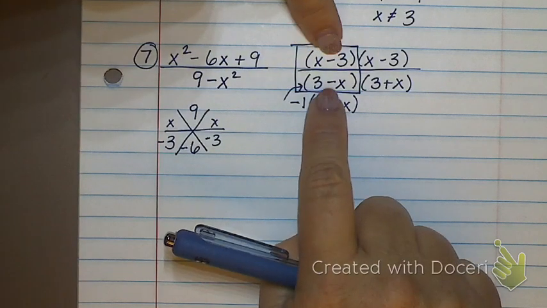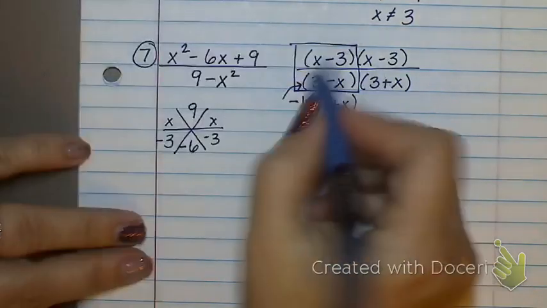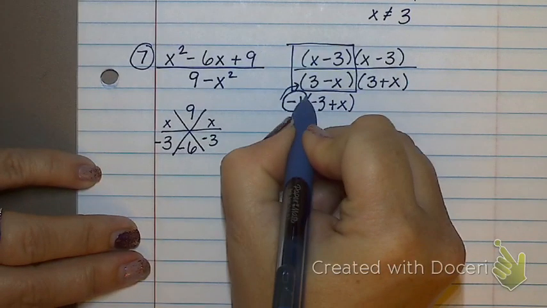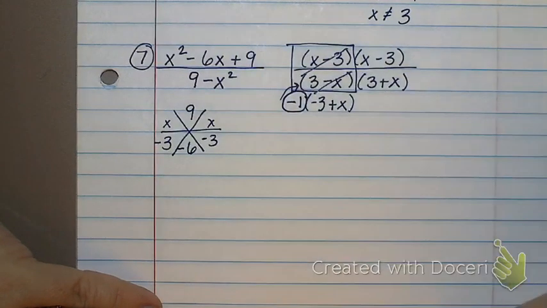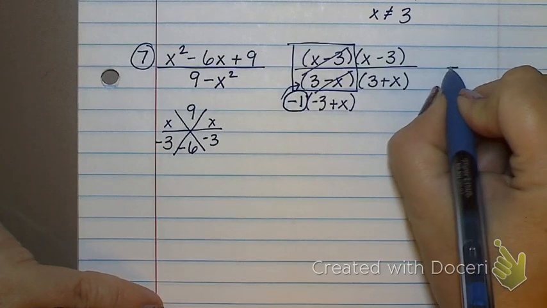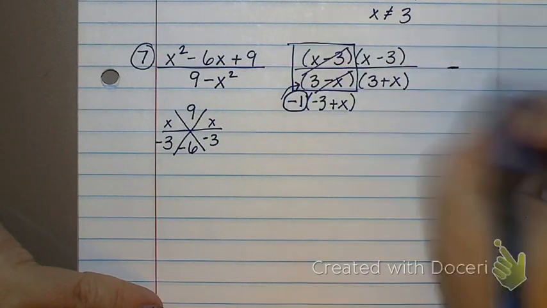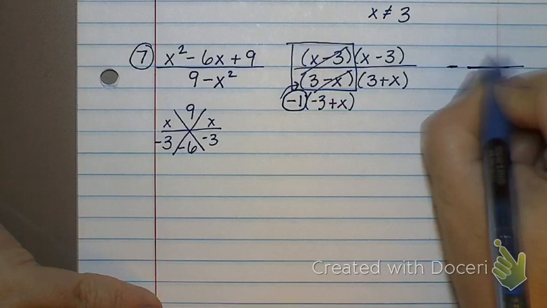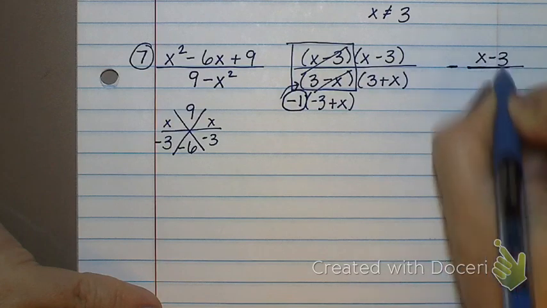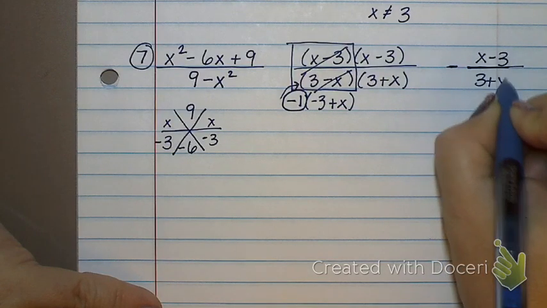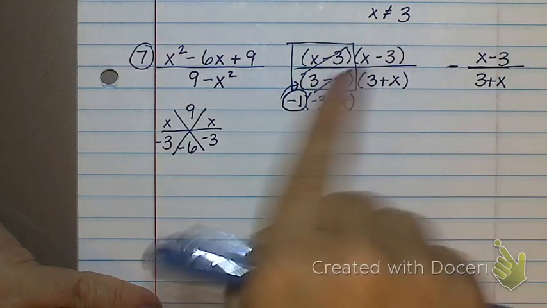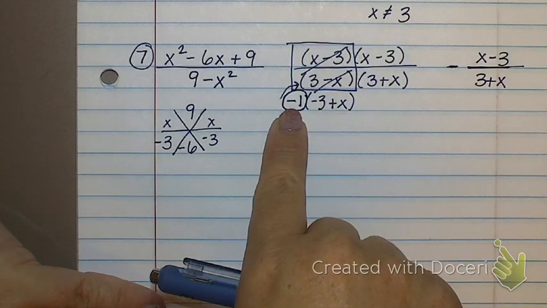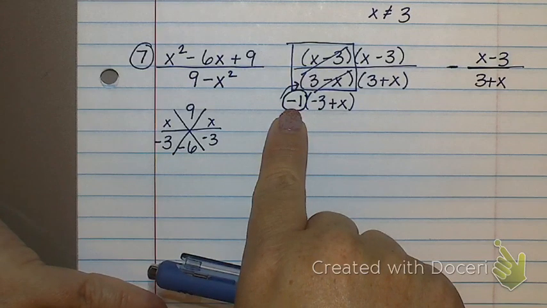So I can get these to cancel out if I do what? Factor out a negative 1. So those two can cancel. Where do I put the negative 1? Well, typically you'll see it put out in front. So you'll have negative x minus 3 on top, 3 plus x on the bottom. So you can cancel those opposites if you remember that they cancel to negative 1 instead of positive 1.